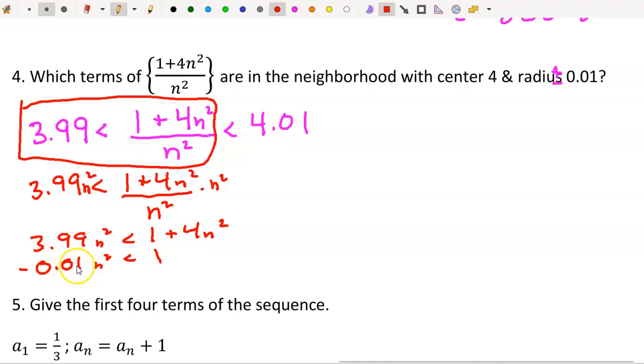And divide both sides by that exact number, which is 1/100th. So n squared is now greater than 1 divided by negative 0.01, which is equal to negative 100.